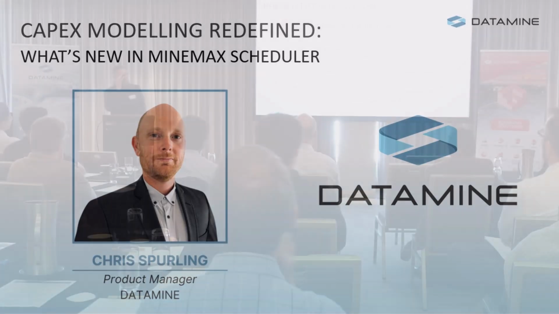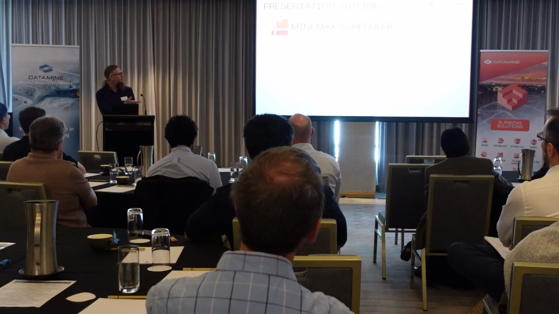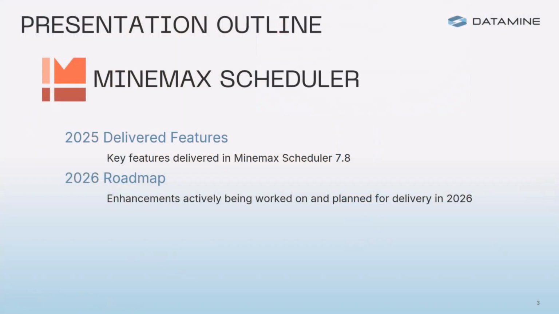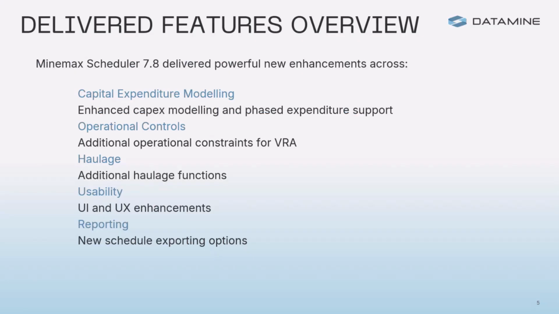All right. Okay, so I'll be going over very quickly what we've put in our latest Minemax Scheduler 7.8 release, and also covering a little bit of what we're working on next, or at least the bits that I'm allowed to discuss. So things that are in Minemax Scheduler 7.8, which was released very recently. I'll go through each of these in a little more detail, but we have capital expenditure modeling.